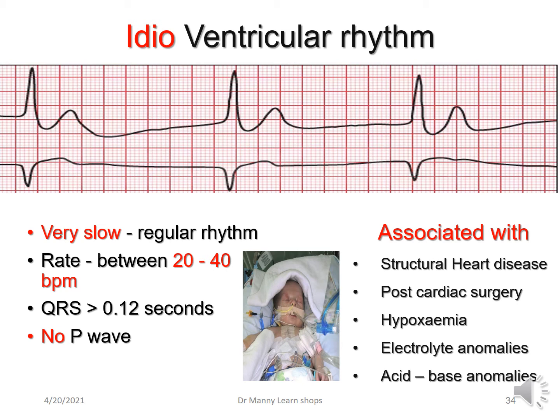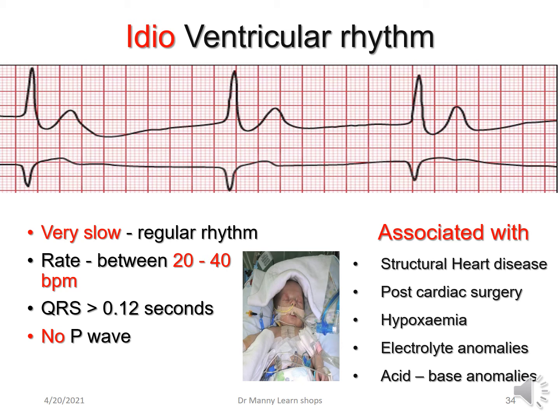Idioventricular rhythm. Idio just means, in Latin, self. So it pertains to the specific ventricular rhythm. It relates to self. And this is a bradycardia. The rate is typically between 20 and 40 beats per minute, which we mentioned earlier.